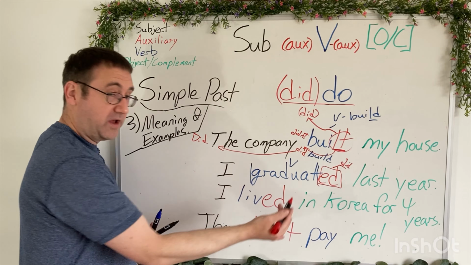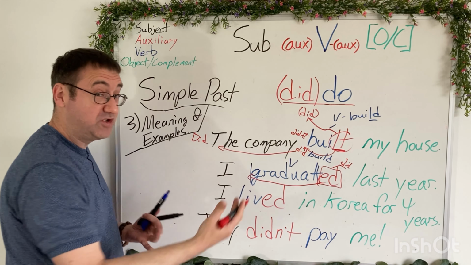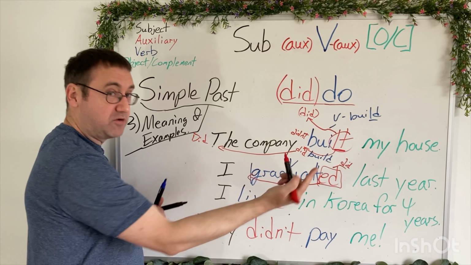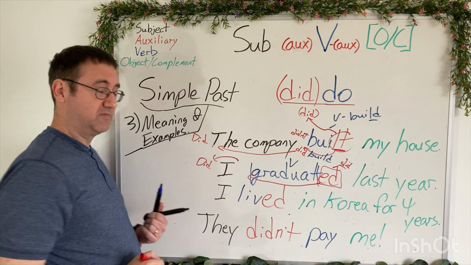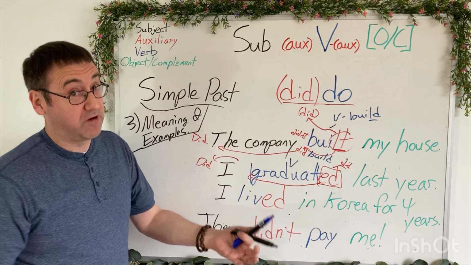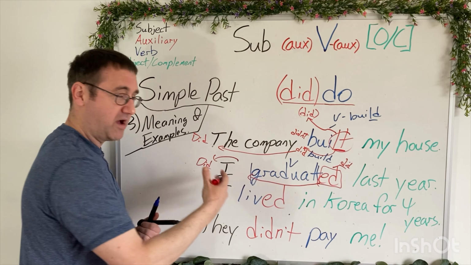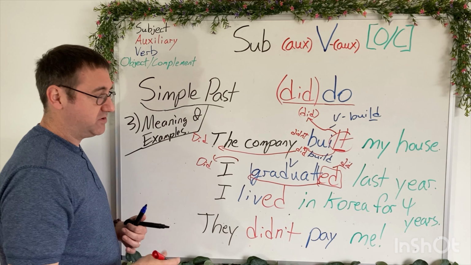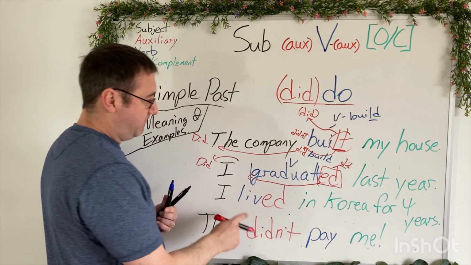And so if I want to use strong, I would move this over, say did graduate, negative, didn't graduate, question, did I graduate last year? Or did you graduate last year? And so again, you can see it moving around the sentence to create the meaning and the grammar all at the same time.